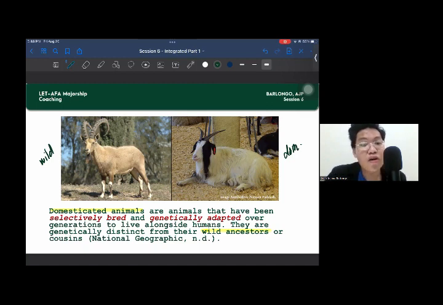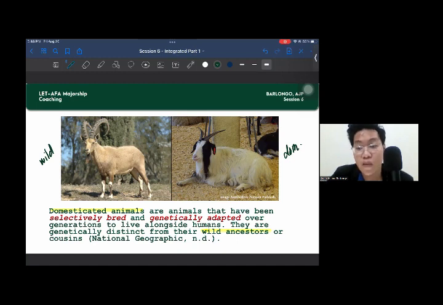Ayun. So another possible things or traits na binibreed ng mga animal scientists natin ay yung mas maraming laman, yung mga ganon. Mas malalaki, mas matatangkad, ganon.